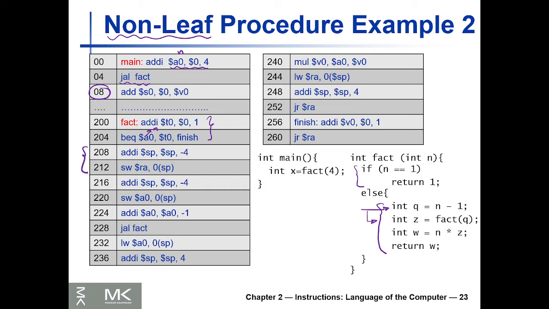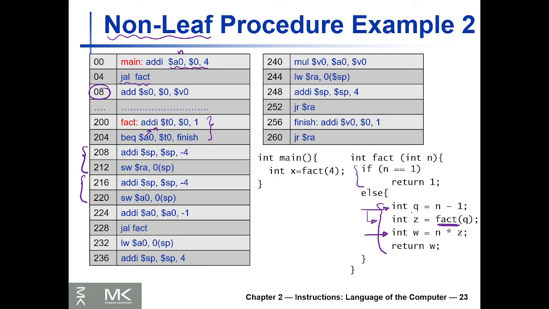That's only the first call. So again we should store a0 into the stack. Then because after the factorial here we're gonna return and use n, not q, after the call here we should restore a0 from the stack and do the calculation.